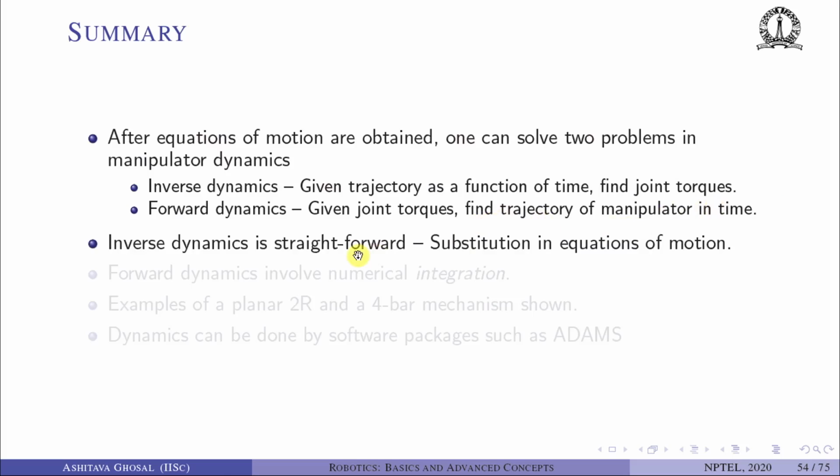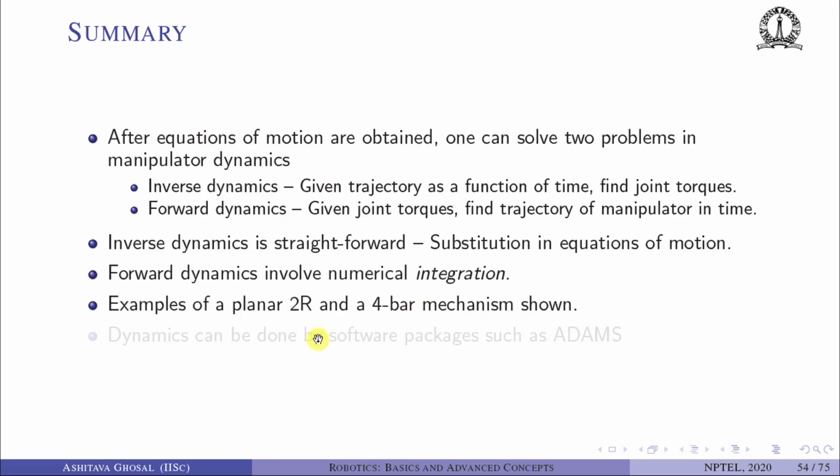It just requires substitution of q, q dot, q double dot in the equations of motion. Forward dynamics involves numerical integration, and I have shown you examples of a 2-bar planar manipulator and a 4-bar mechanism, and how we can simulate the equations of motion of these two examples. The dynamics can also be done by software packages such as Adams.